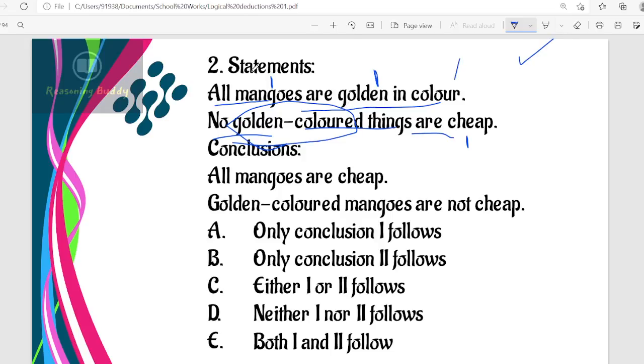The second rule: the common term is golden, so golden is distributed at least one time, so the second rule is also applicable. Third rule is not applicable, fourth rule also not applicable, and the fifth rule is applicable, that is, if one statement is negative, the conclusion must be negative.